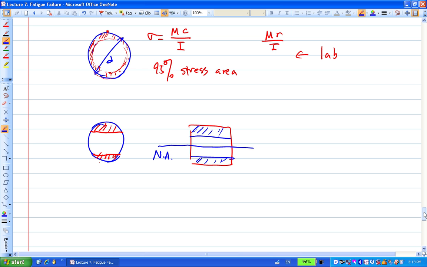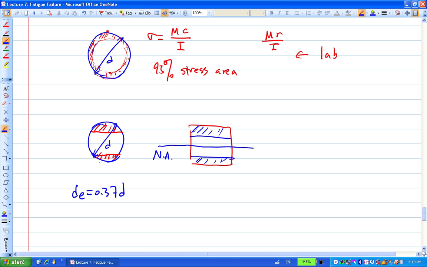So without a derivation, I'll show you what the formula is. For a non-rotating circular section, the effective diameter DE is 0.37 D. So if D is the actual diameter, you just use 0.37 D for the actual calculation of KB.